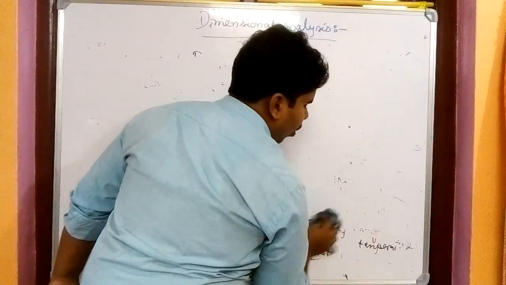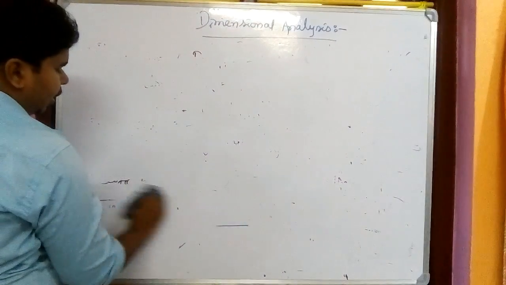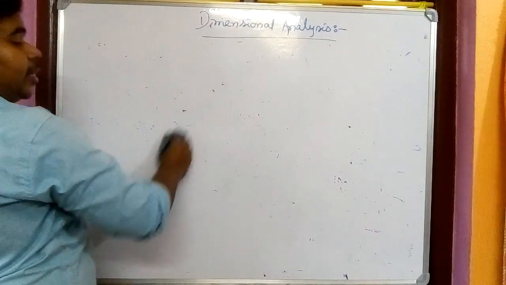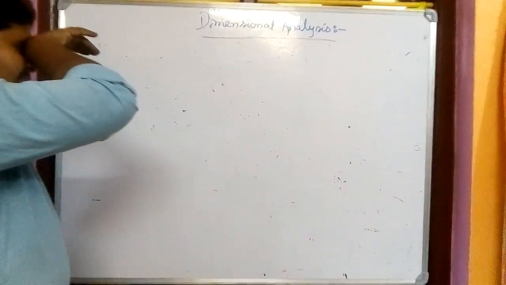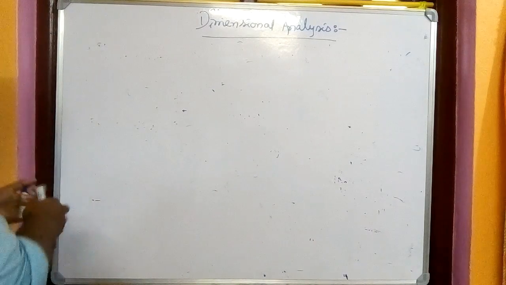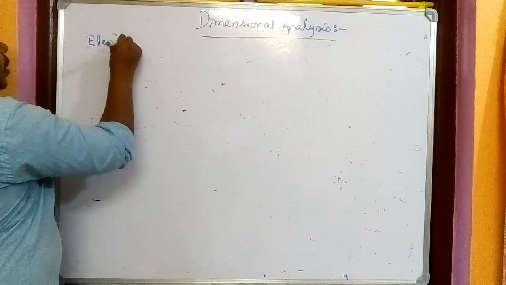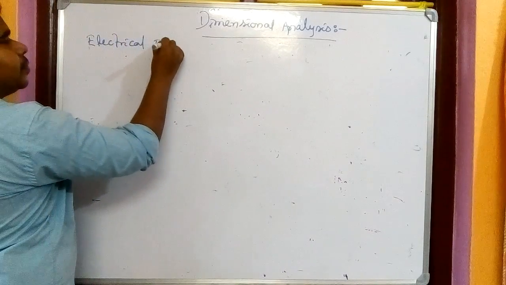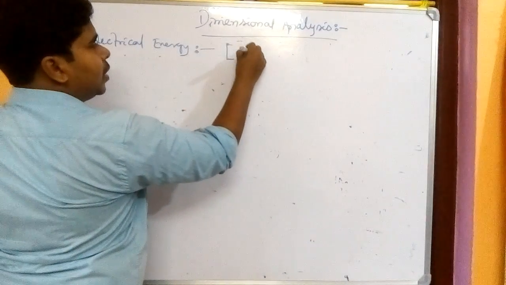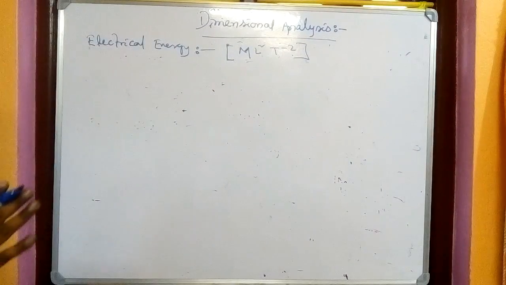All the energies are the same. What is the dimension of heat energy? It will be the same as the dimension of electrical energy, nuclear energy, any mechanical energy, any energy; that dimension should be the same. If I am talking about electrical energy, that will also be M L square T to the power minus 2. That is the dimension of energy.